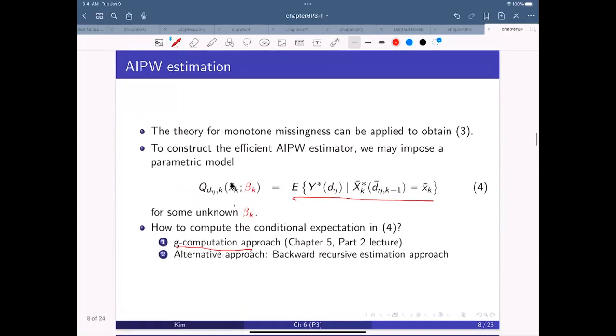In other words, originally the problem is a potential outcome regression model, which we don't observe, but we do observe one particular realization of the potential outcomes.